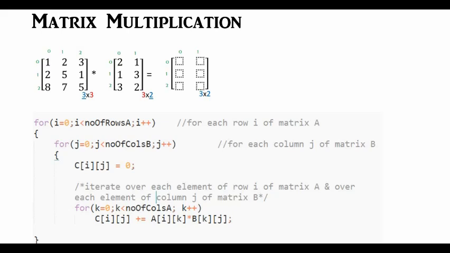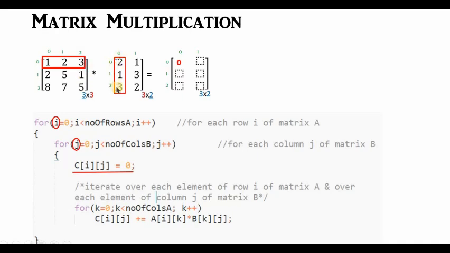Here the first loop, the i loop, is to iterate over each row. I want each row to be multiplied with each column of matrix B. The i for loop is used to iterate over the different rows of matrix A. So i equals 0, i less than number of rows of A. The j loop is used to iterate over the different columns of matrix B. So basically, the value of i is going to lock the row number.